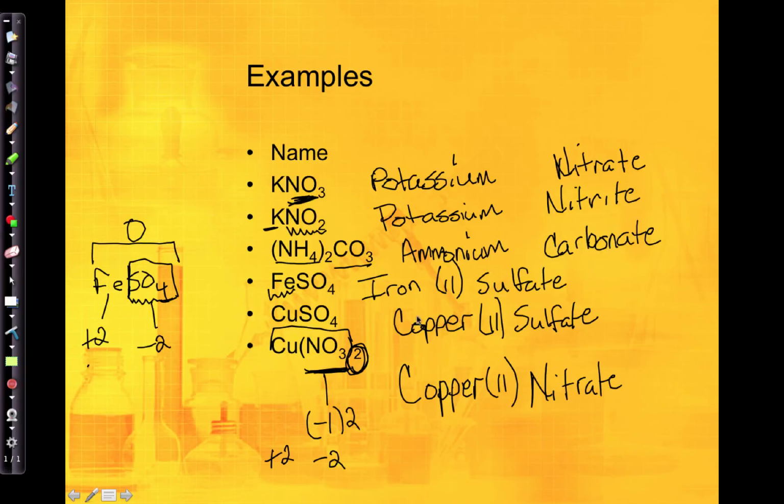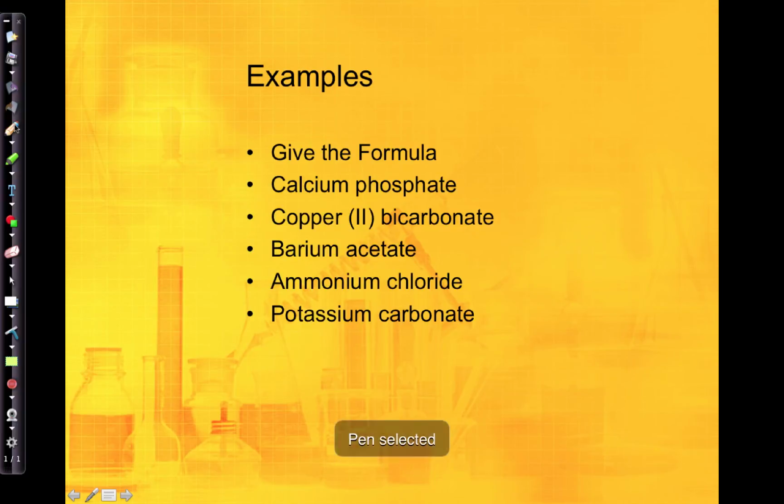All right, so let's look at some formulas. So let's put some of these formulas together. The main thing is, once you identify that it is ionic, so if it has a metal, if it has a polyatomic in it, you're looking at the charges and then you are switching. The main thing with polyatomics, you need to make sure that you do not monkey with the formula. If you have phosphate, if you have carbonate, you should make sure that you have that formula in there.